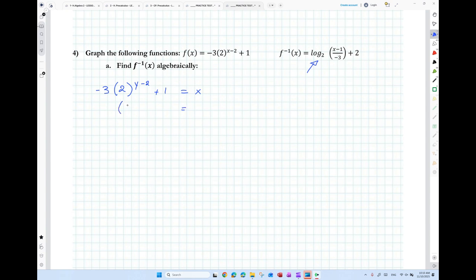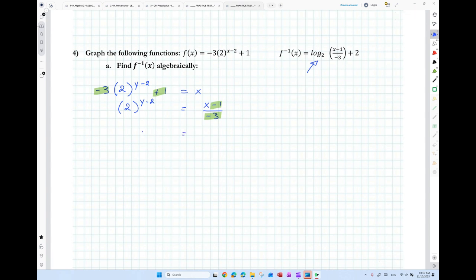I'm first going to isolate the log itself. So let me write log base 2 of y minus 2, and here I would have x minus 1 over negative 3. I'm crossing over first the addition of 1 and then the multiplication by negative 3, which becomes a division.